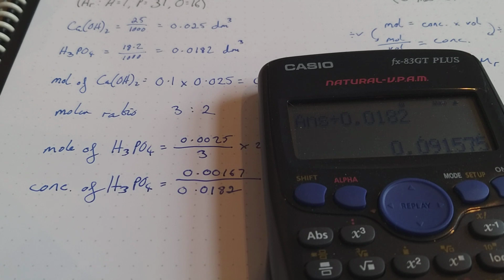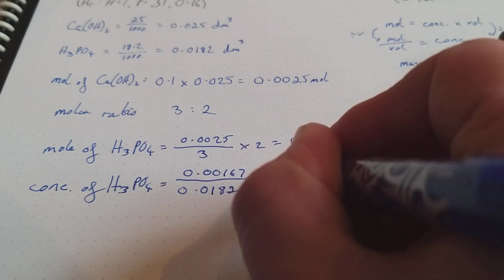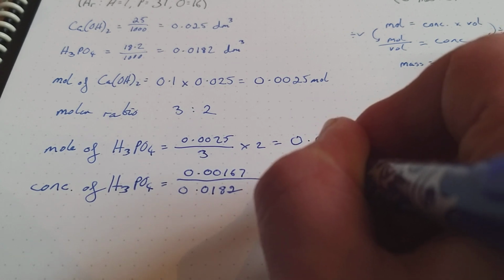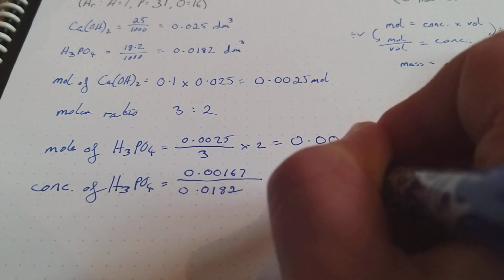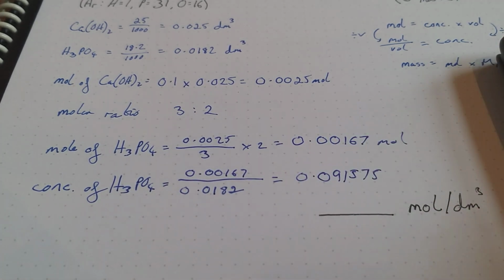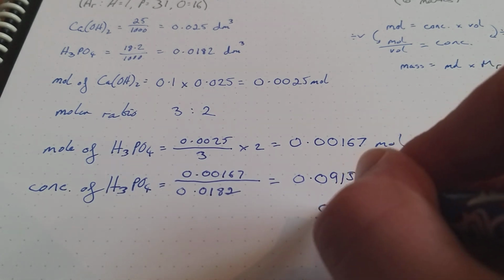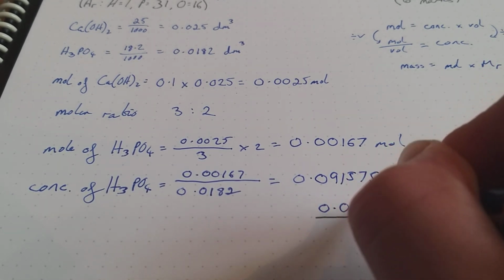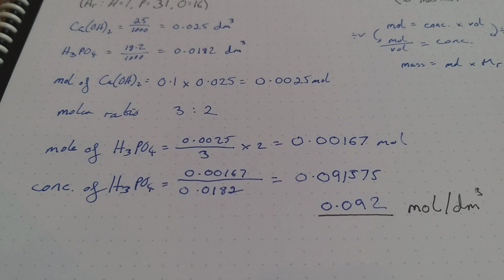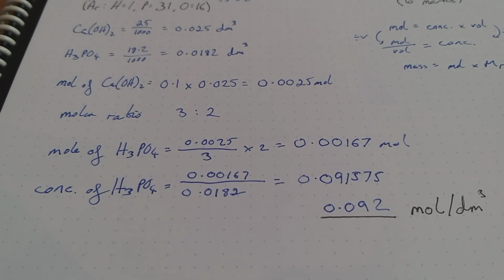And I'll round this to 2 significant figures. 0.091575, and in the answer line there, I'll round that to 2 significant figures, so 0.092. So sometimes in the question it will tell you how many significant figures to report it to.